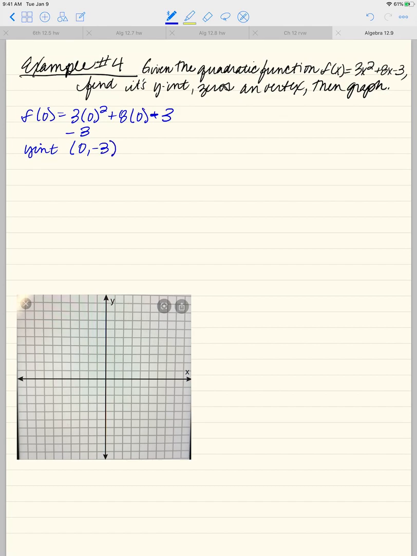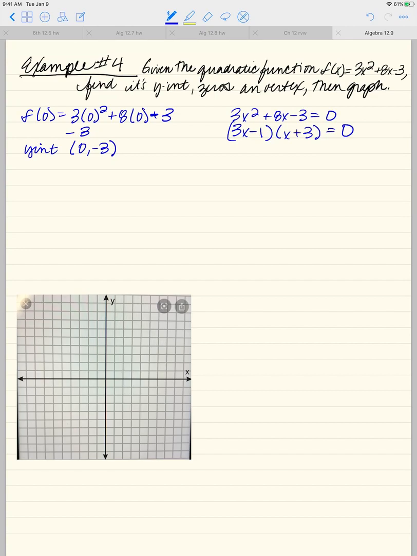Okay, so now we found our y-intercept. How do we find the zeros of the function? We set the function equal to 0. So 3x squared plus 8x minus 3 is equal to 0. Factor this one out. (3x minus 1) times (x plus 3) is equal to 0.